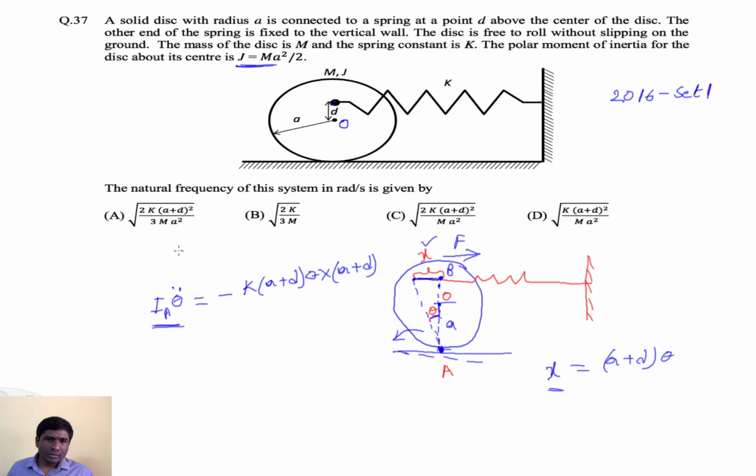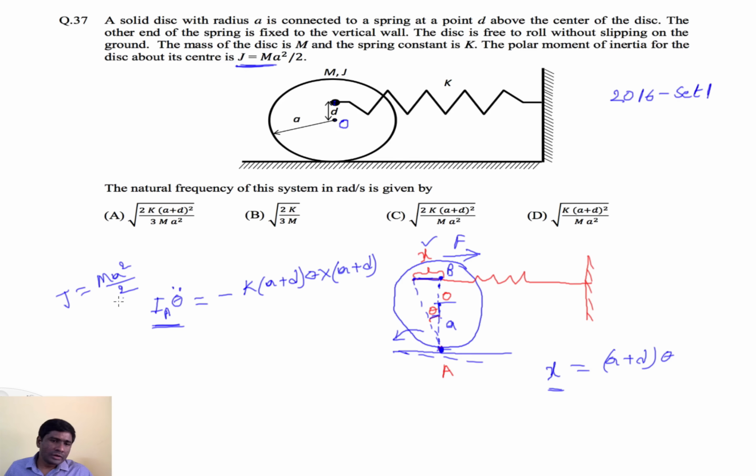IA, already we know J equal to ma square by 2, and this J is perpendicular to the plane of the paper, the plane of the screen that we are seeing.